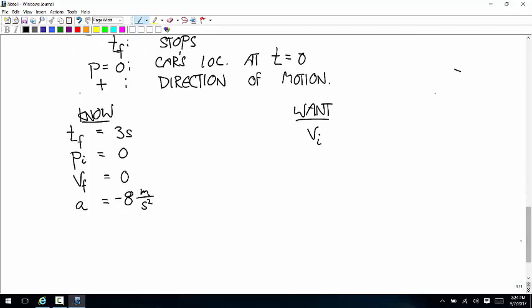Okay, and now is there an equation that works with these? Yeah, the simplest one. V final is equal to V initial plus A times time final. So it says 0 is equal to V initial minus 8 meters per second squared times 3 seconds.